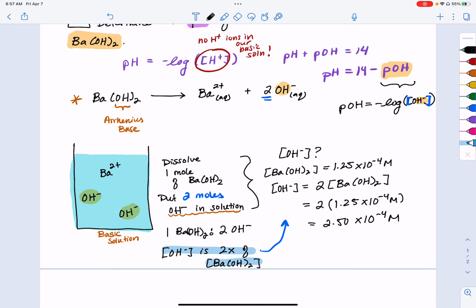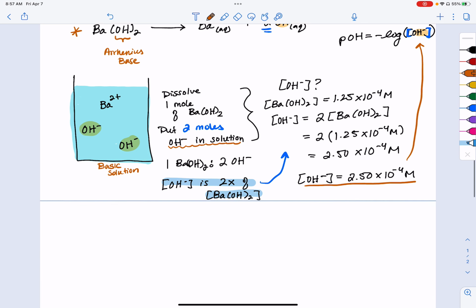So because we have a concentration of hydroxide of 2.5 times 10 to the negative 4 molar, meaning it's something that's known, we can now take this and plug this in to our pOH equation.